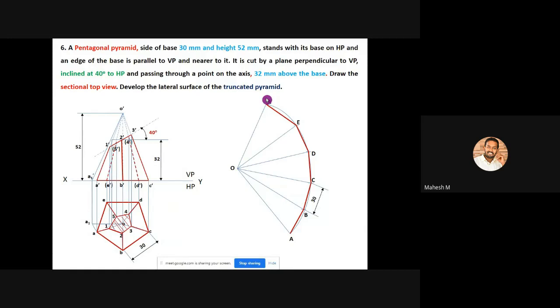Okay. So after doing this, you can measure the distance of all the cutting points, because you will be having 5 cutting points in your front view. So here you are having 5 cutting points. Okay. So these 5 cutting points should not be measured directly.